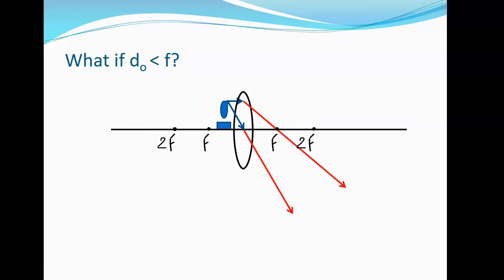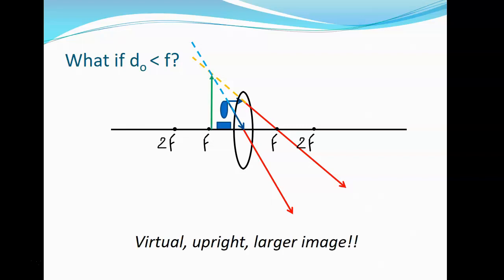We know that those get refracted through the focal point and through the center. We have to project backward to imagine where our brain perceives those light rays to be diverging from, and that is our image, a virtual, upright, larger image, just like the case of a concave mirror when the object was within the focal length.